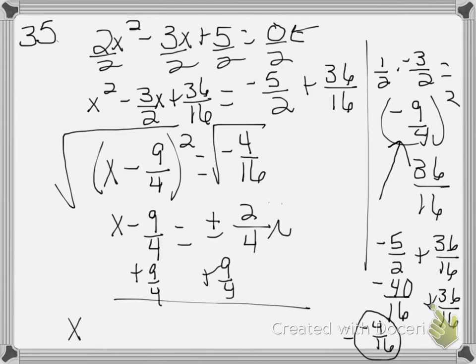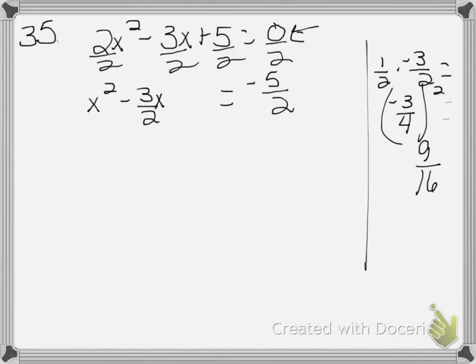Okay, so that's x is equal to negative 9 over 4 plus or minus 2 over 4 i. And yes, I could reduce the 2 over 4, but I cannot reduce the negative 9 over 4, so I'm going to stop right there. Okay, I'm going to add 9 over 16. I made an error, and I'm fixing my error. Sorry about that.